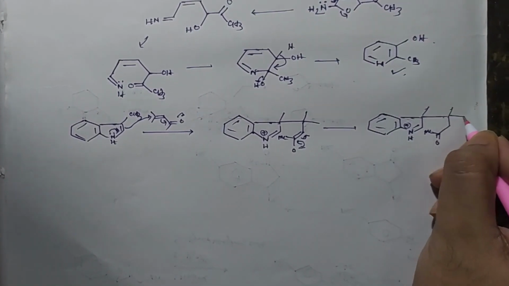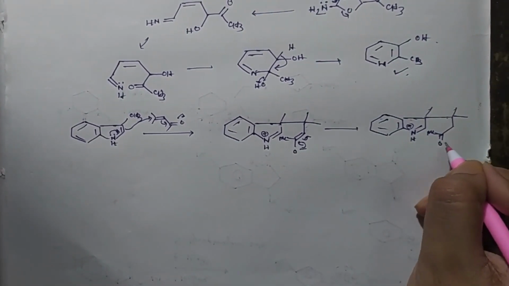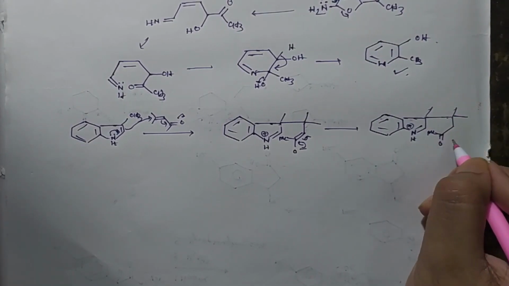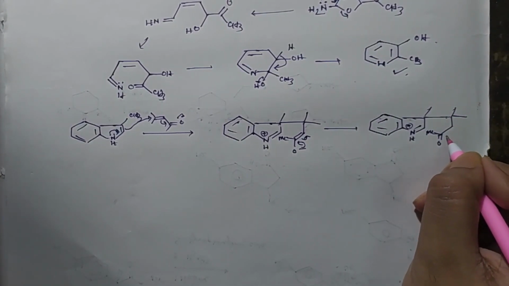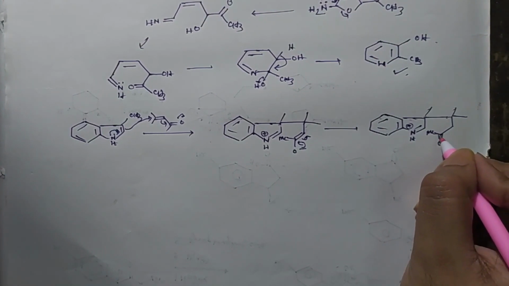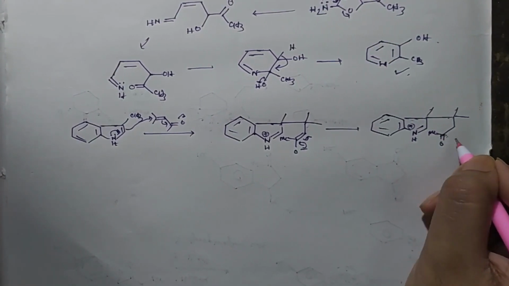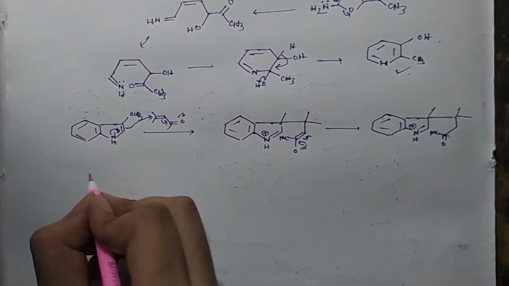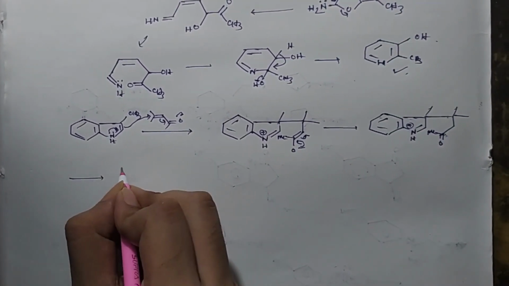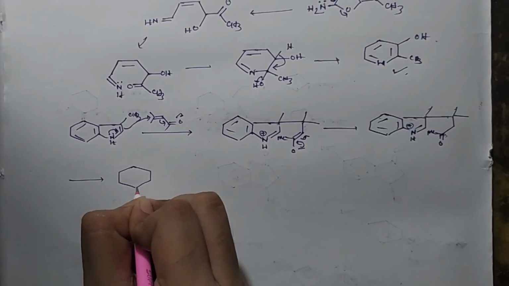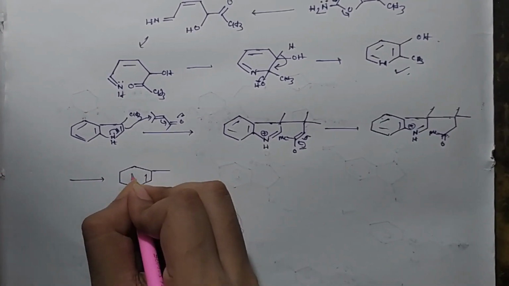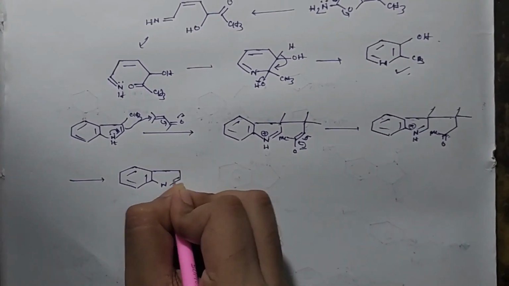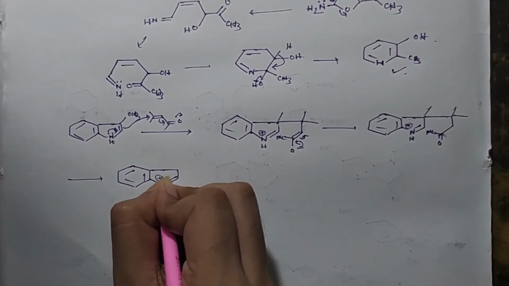Now here what happens is the main trigger: there is some enol content from this COMe group. So if we write the enol form of that carbonyl, that will lead to a cyclization reaction, and that will again be the driving force for the cyclization.